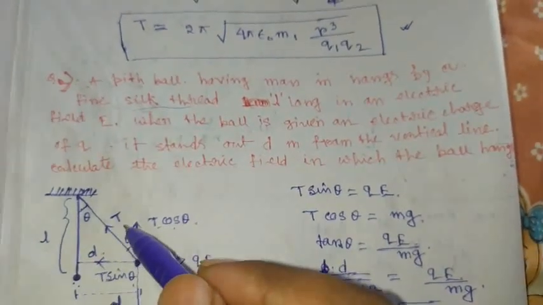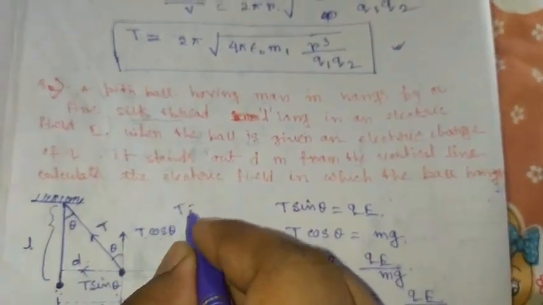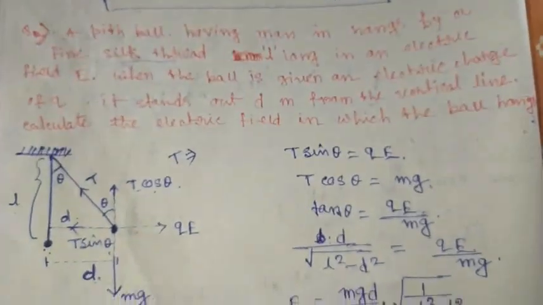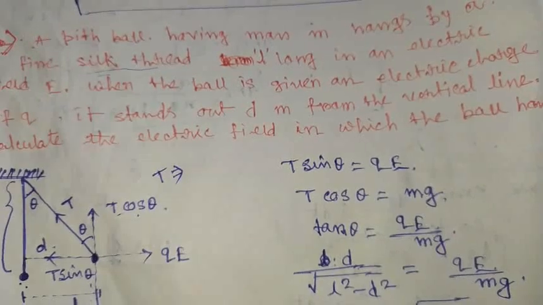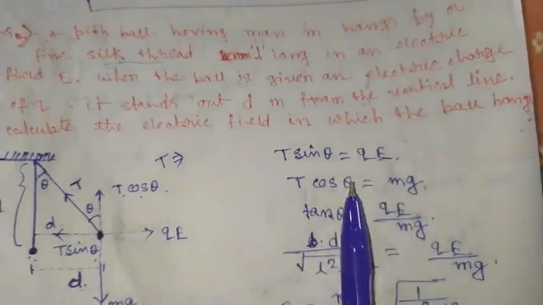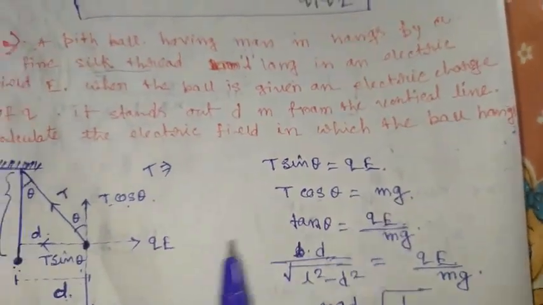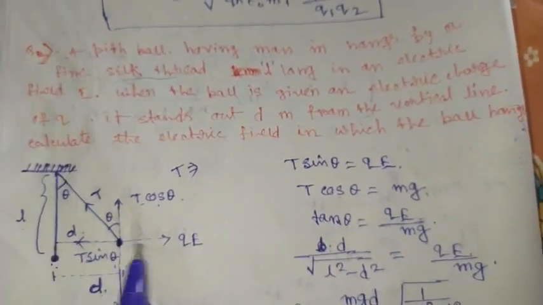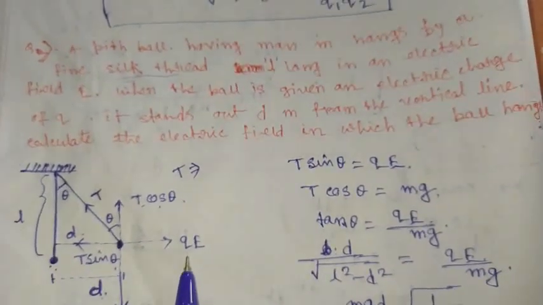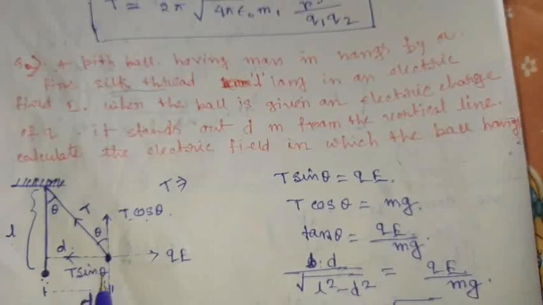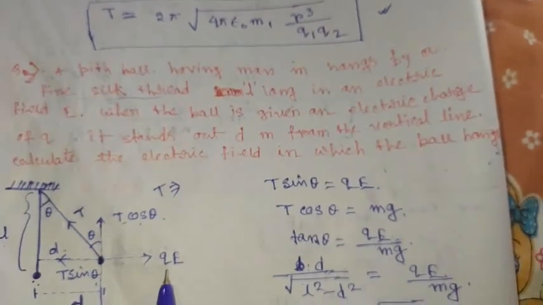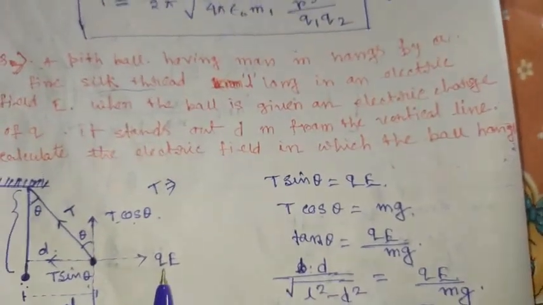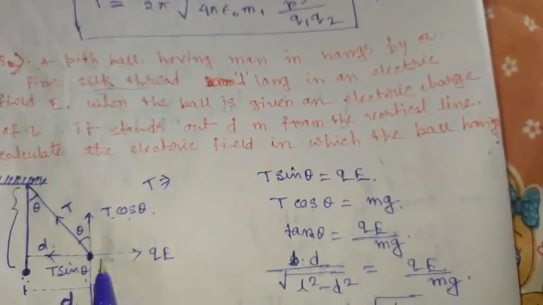So T cos theta is mg, and T sin theta definitely will have the value of QE because it is a new stable condition. That means T sin theta balances with the Coulomb force QE, and T cos theta balances with the downward force due to gravity mg.